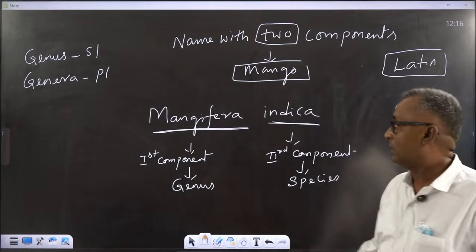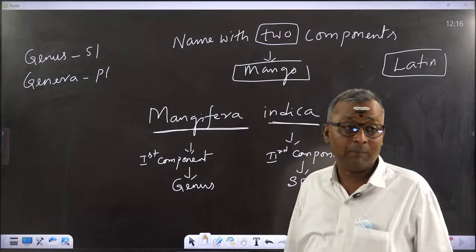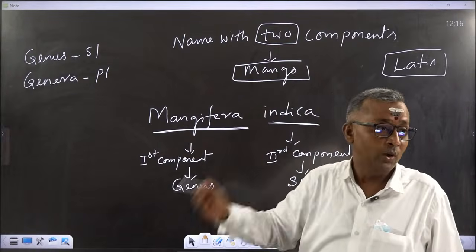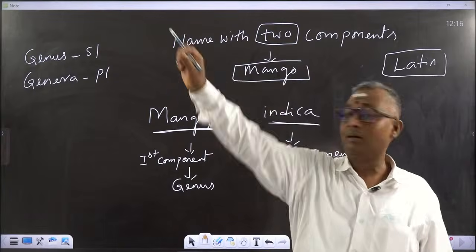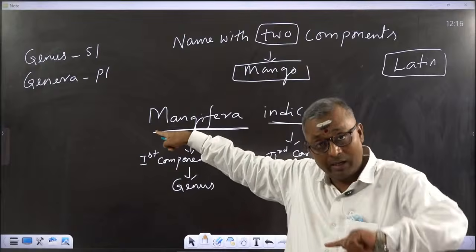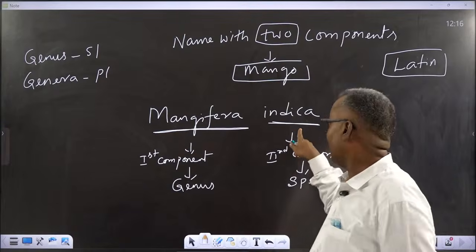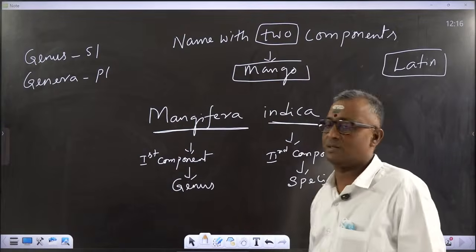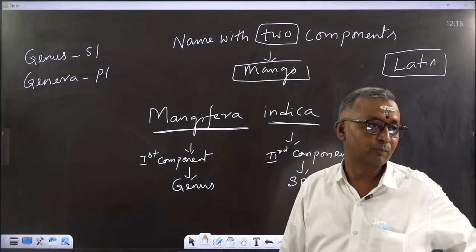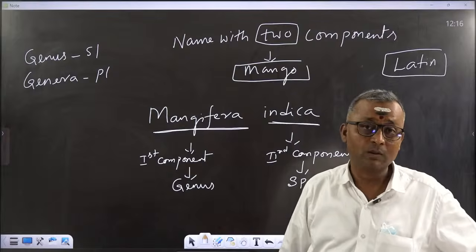Understood? Is it a continuous underline or a single underline? No. You are not giving a single underline for the entire name. You are giving a separate straight underline for the genus and straight underline for the species. This is another important thing. Understood?